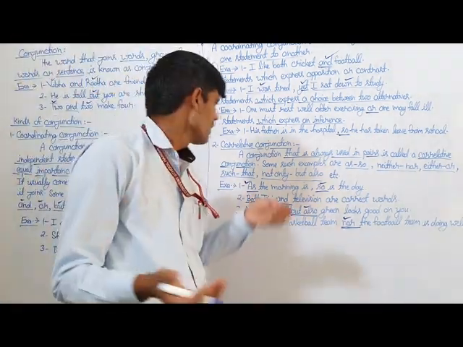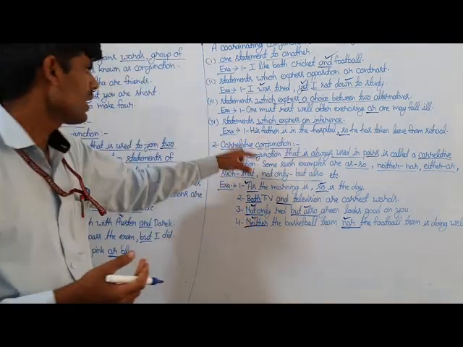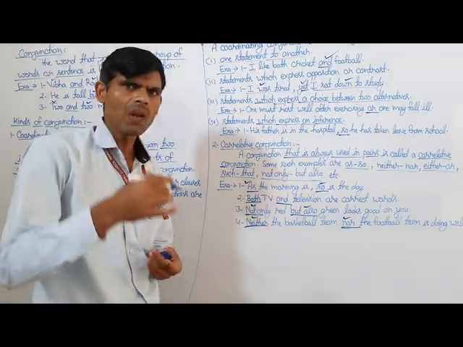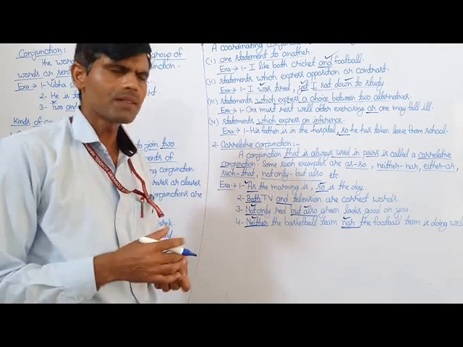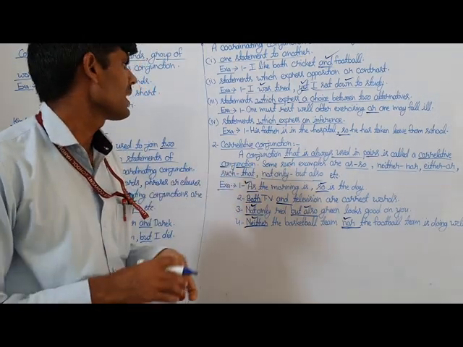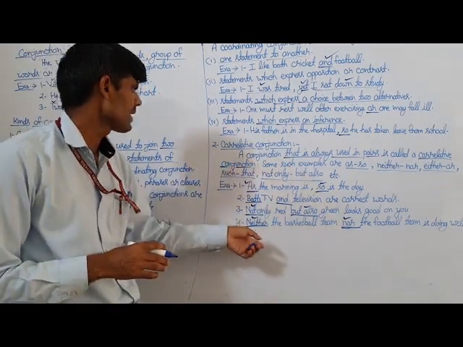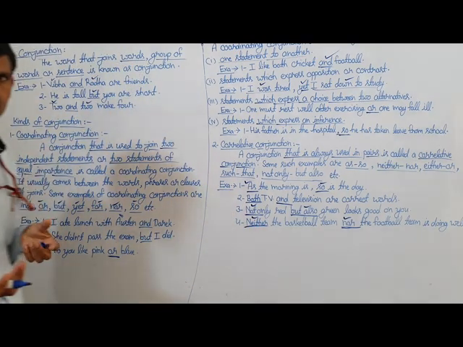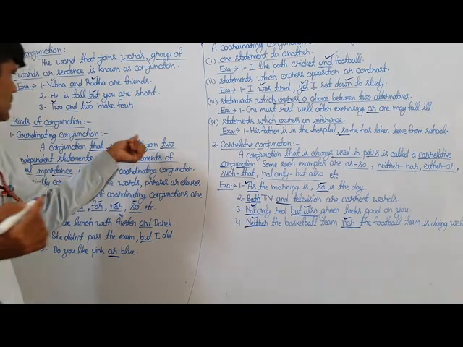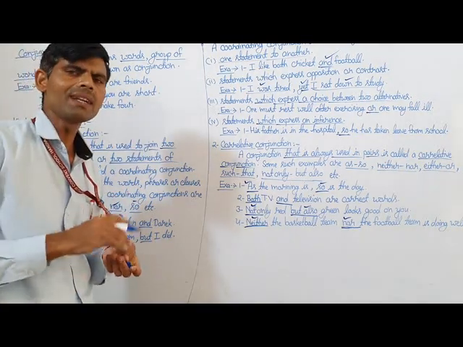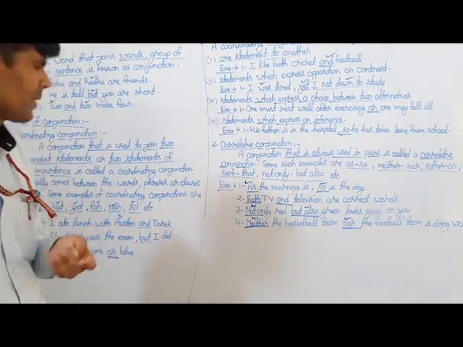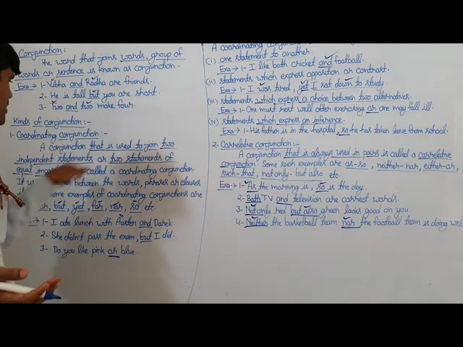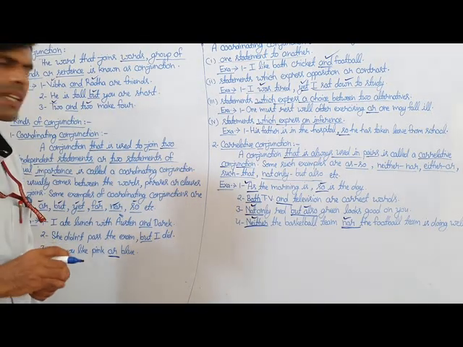So students, we can say that a conjunction that is always used in pairs is called a correlative conjunction. Here are the examples, and the first one is coordinating conjunction: the conjunction that is used to join two independent statements or statements of equal importance is called the coordinating conjunction.